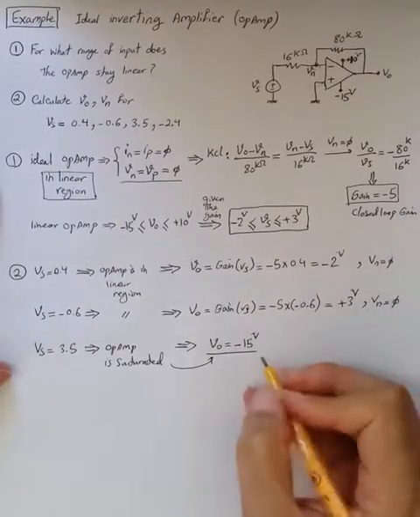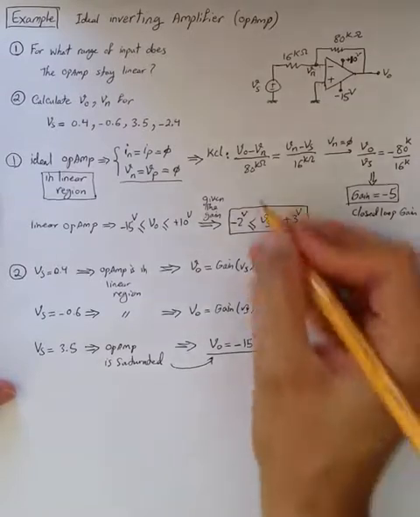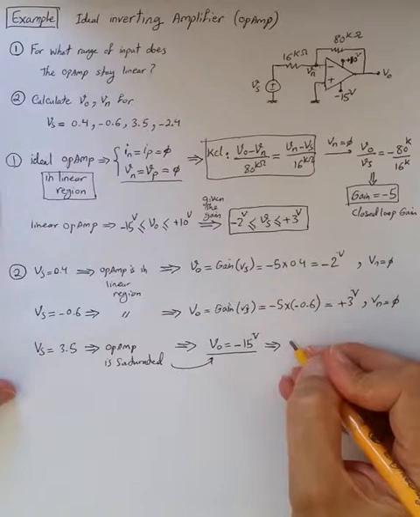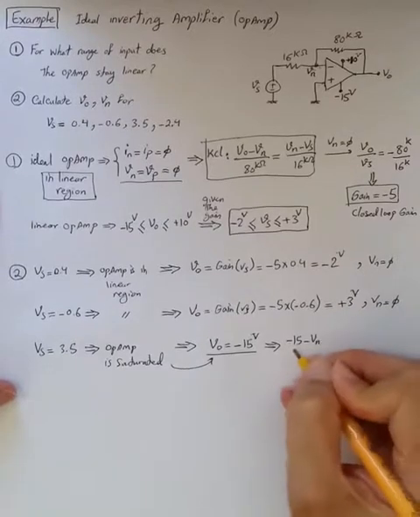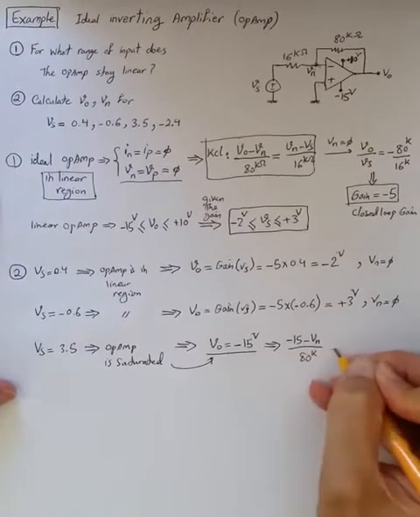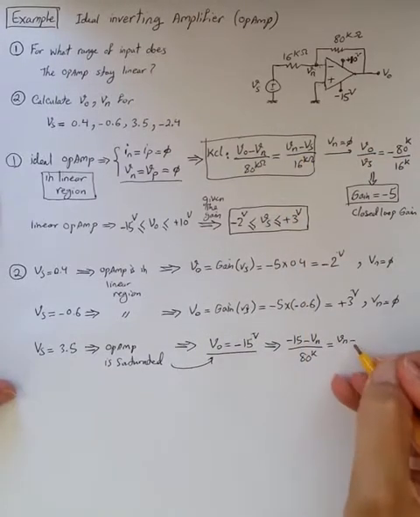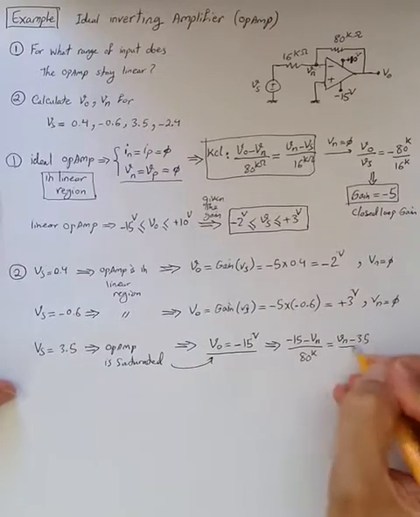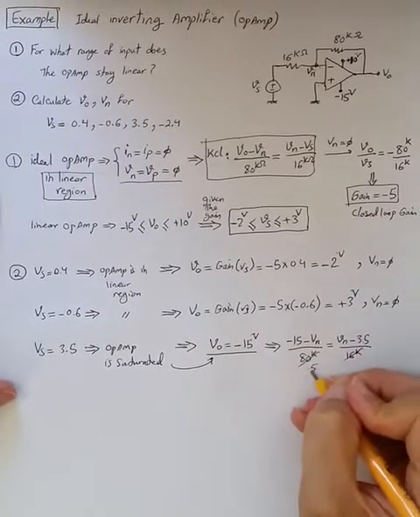But here, the op-amp is saturated, so we have to go back to KCL and say minus 15, which is V out, minus Vn, which we don't know, divided by 80k is equal to Vn minus Vs, where Vs in this case is 3.5, divided by 16k, and this is 5 times.